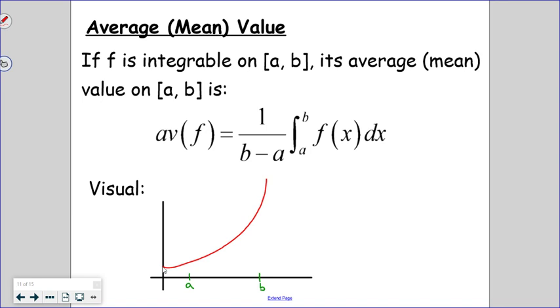And it talks about its average value. Now remember, the values are its y values on this function. And they're asking, on this interval from a to b, what is the average value of this function? Well, our formula talks about the area under the curve here.